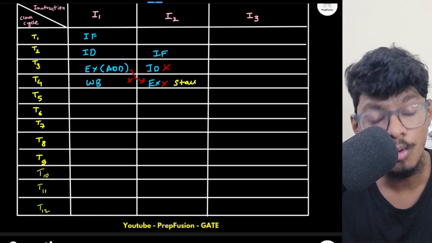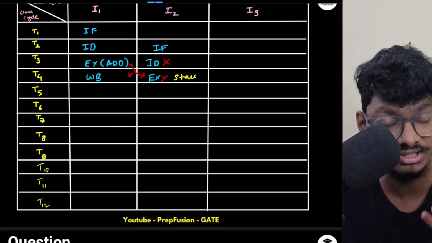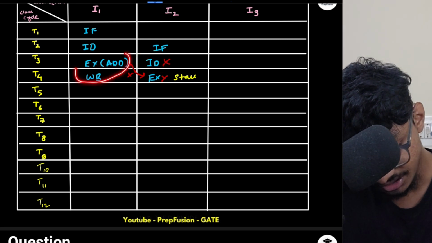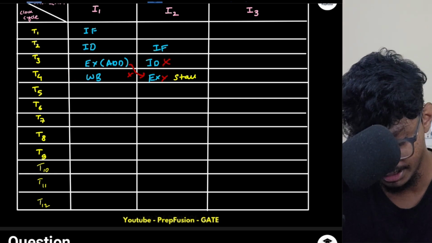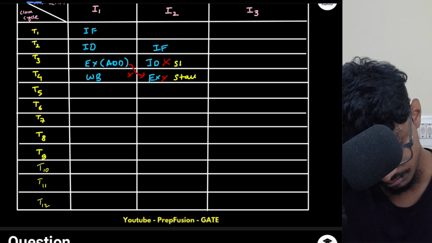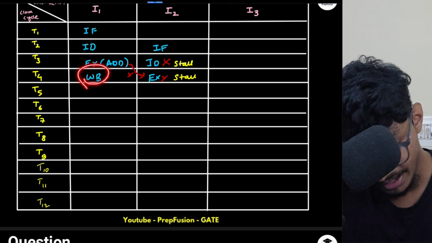But now I don't have operand forwarding, so I will take the operands from the instruction decode stage only, and I cannot do instruction decode here because this instruction hasn't been done yet. So again I have to provide an extra stall cycle here as well. Okay. So finally after write back, now I am ready.